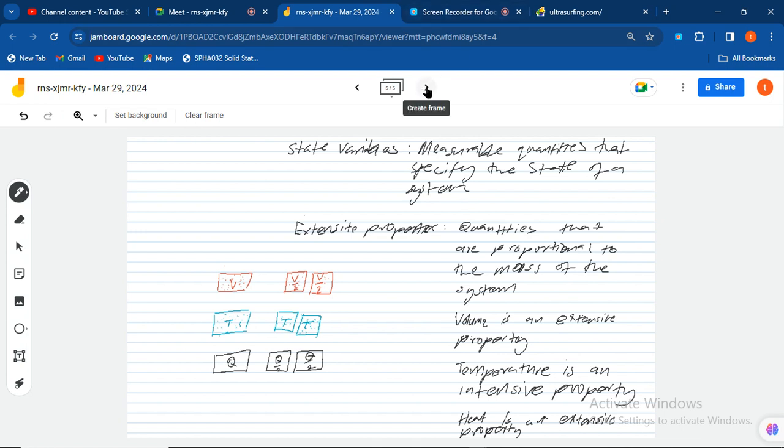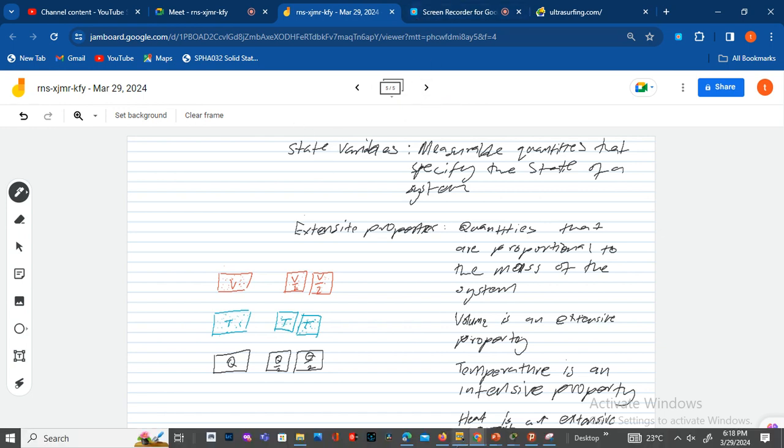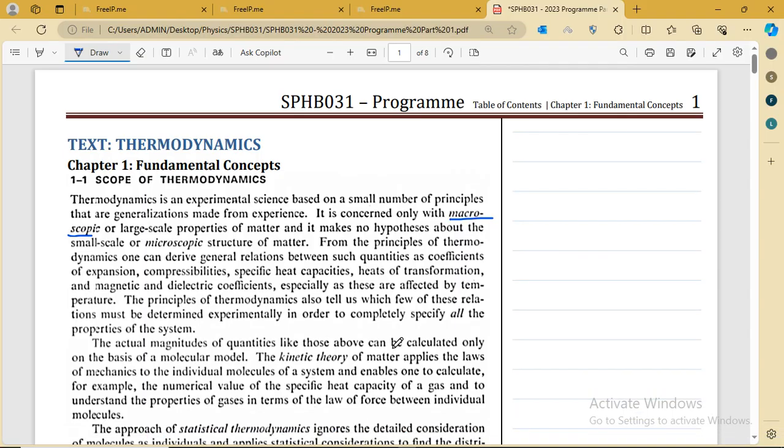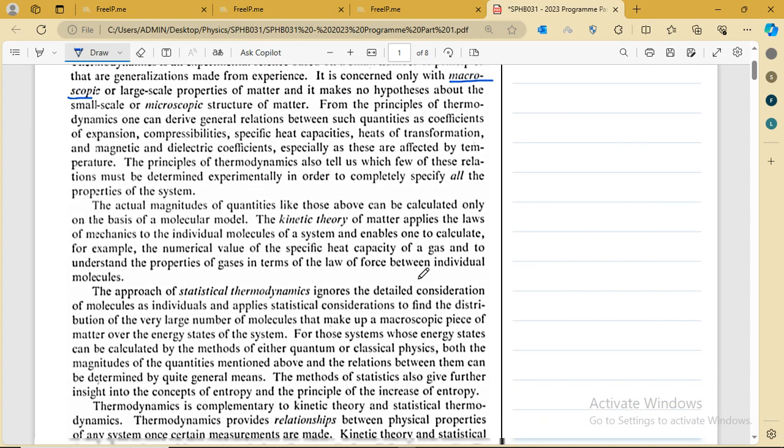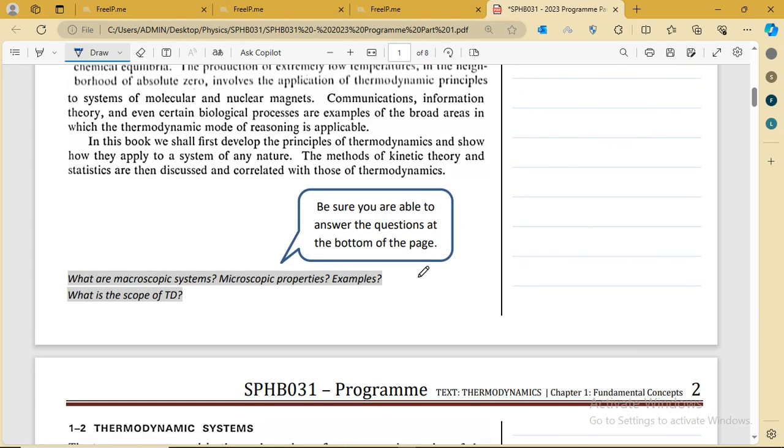Now let's go back to our document here. So after you have read page 1, you must know what macroscopic systems and microscopic properties are.